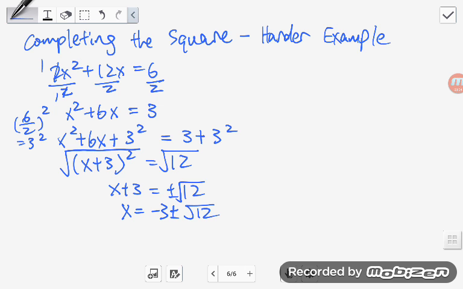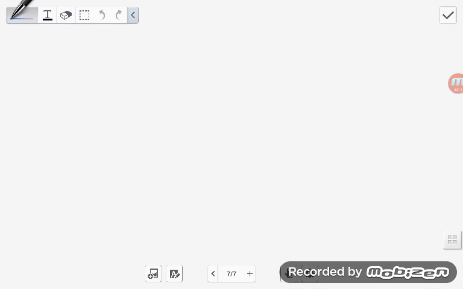However, what if it's something like this? Okay, let's try something that we can't really divide evenly. So it's going to be something like this: 3x squared minus 15x is equal to 2. If I divide by 3, that's fine.